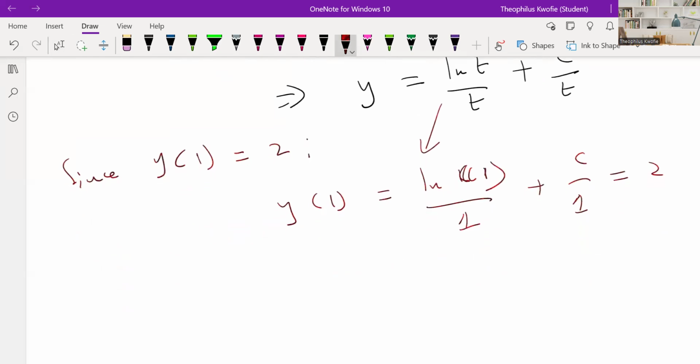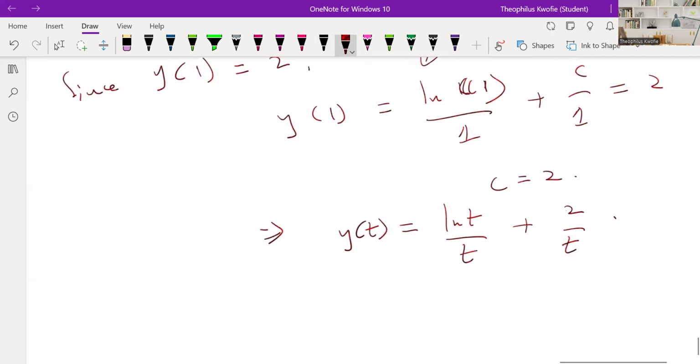The natural log of 1 is 0, right? So in that case, c is equal to 2. This implies that y of t is equal to the natural log of t over t plus 2 over t as our final result. And you can simplify this further as ln of t plus 2 over t.